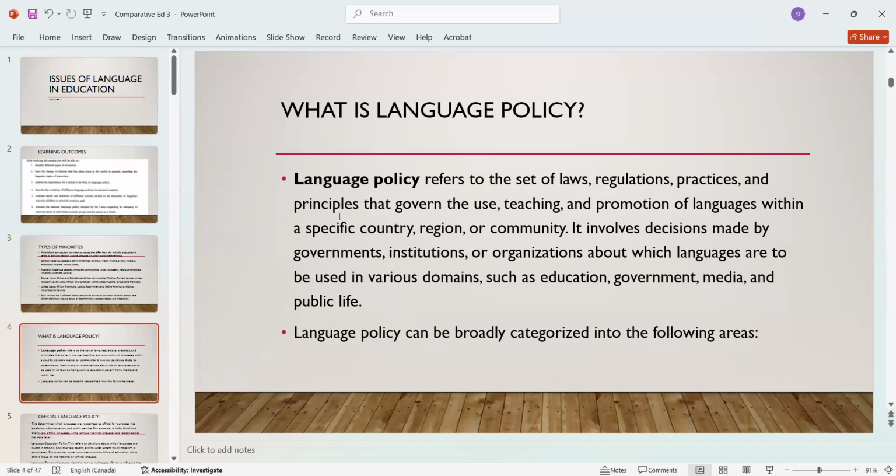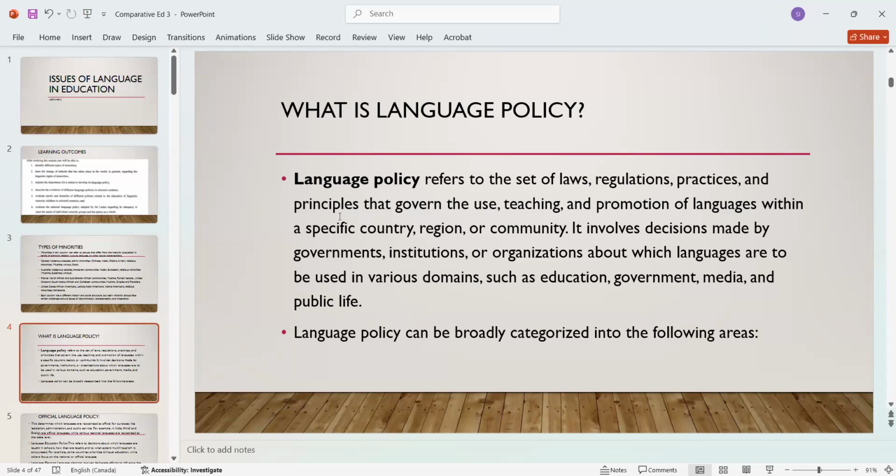After that, we are talking about language issues, no? Every country has a language policy. Even our neighbor country, India, or any other countries, especially if it is a multi-ethnic country, they have to have a language policy.